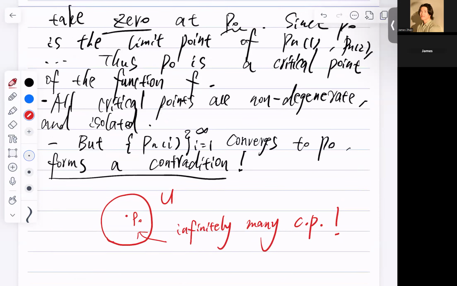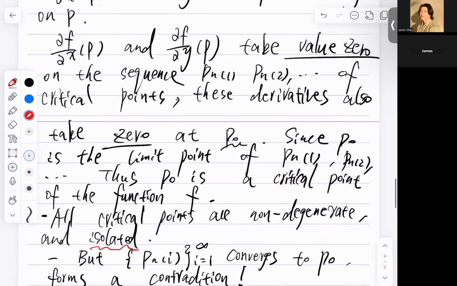And we don't like that. We want everything to be isolated. We want actual isolation in terms of the critical points. But if we actually have infinitely many critical points, then we cannot obtain such isolation.